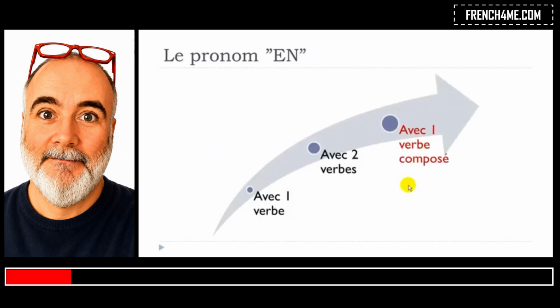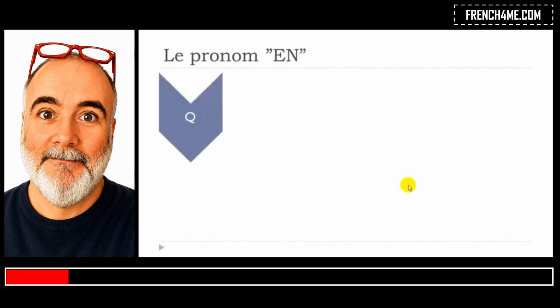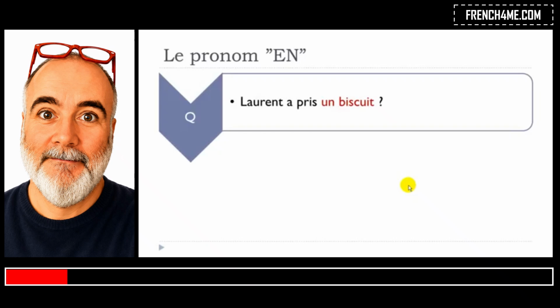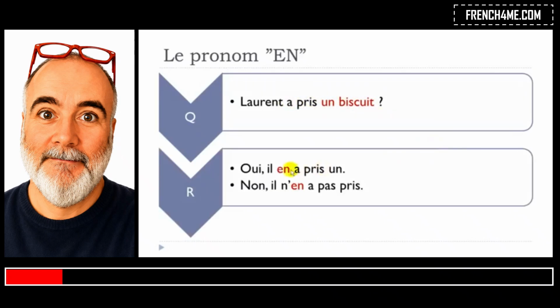Okay? So let's see now when you've got a composed verb. So we just need to put the same sentence at the passé composé form. Laurent a pris un biscuit. Oui, il en a pris un.